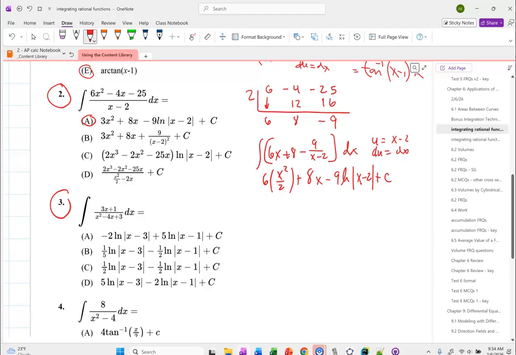So the integral of a linear term should be a quadratic term, and the integral of a constant over x or constant over linear is going to be a natural log of something. Quadratic, natural log of something. It's the only one that has those 2 pieces in it.